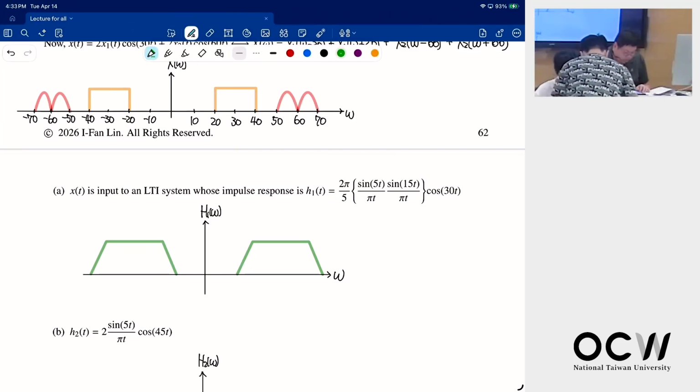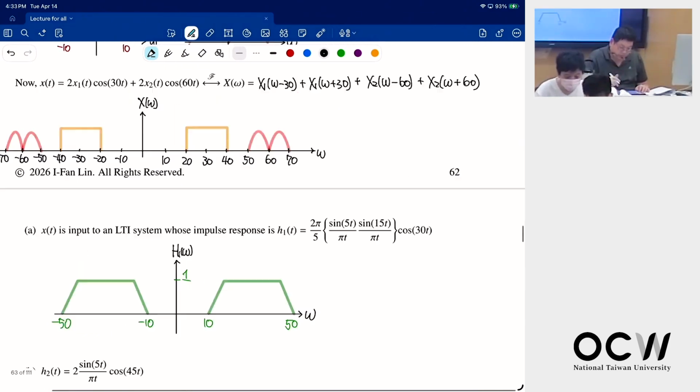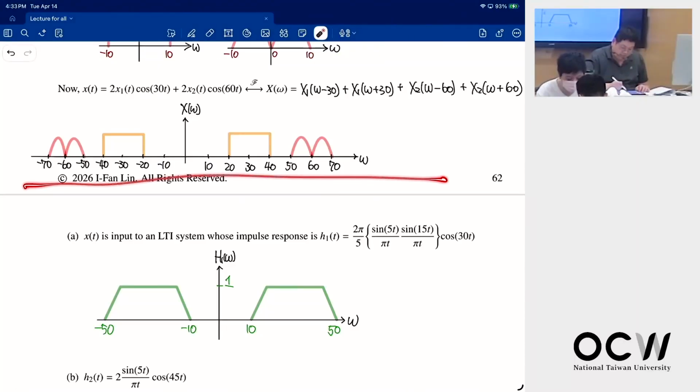Okay, so magnitude here, 1, it is from 10 to 50, minus 10 to minus 50. So in this case, well, compared to here, from 10 to 50, minus 10 to minus 50.